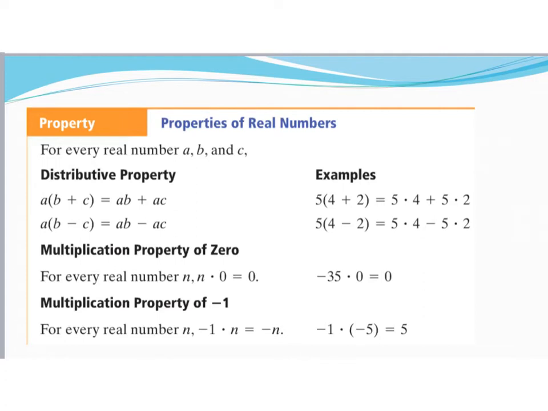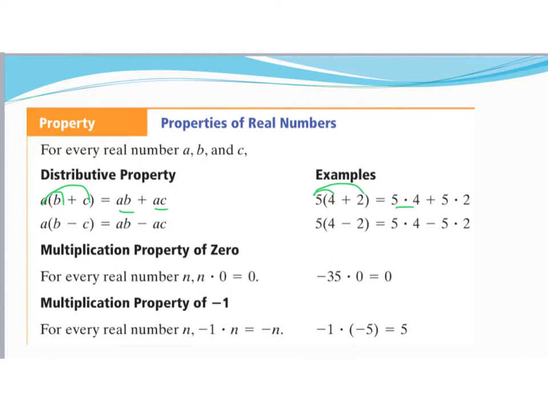We have the distributive property. With the distributive property, this says that if I have A times the quantity of B plus C, we can distribute that A and multiply both B and C to get A times B plus A times C. So if you notice on the numerical side, I can distribute this 5 onto 4 plus 2, and that becomes 5 times 4 plus 5 times 2.